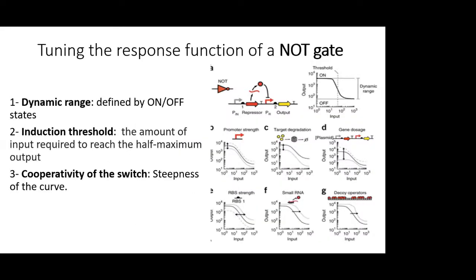Again, in our genetic logic gate design, if you imagine two genetic logic gates connected together, you could have your upstream genetic logic gate produce the output at a level that is not enough to initiate the expression or the switching of the downstream genetic logic gate.